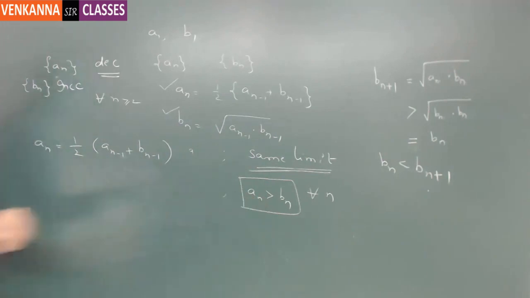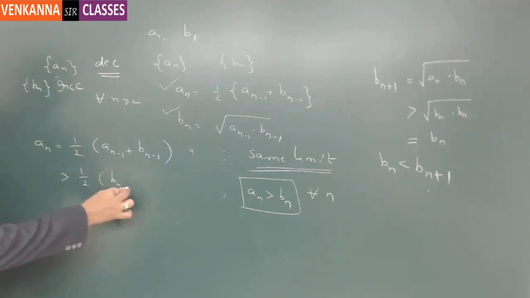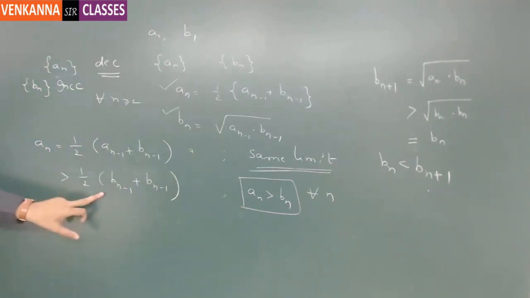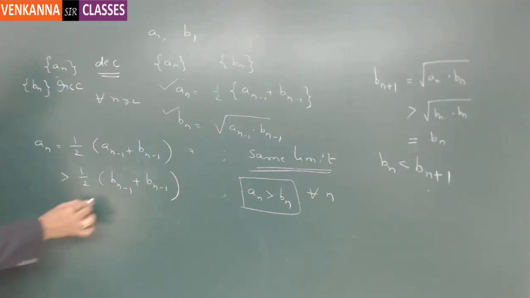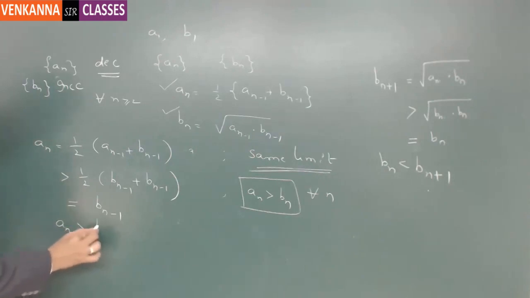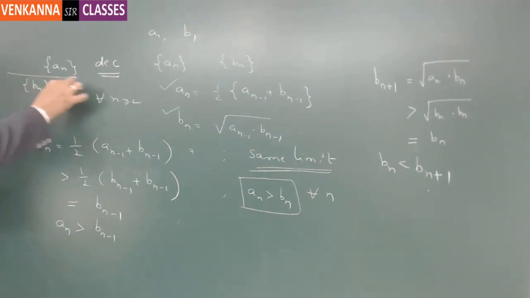Using the same technique here, we can write it as the root of an minus 1 into bn minus 1, because an minus 1 is greater than bn minus 1. So this is nothing but bn minus 1. So what you got here, an is greater than bn minus 1. You have known the nature of bn already.